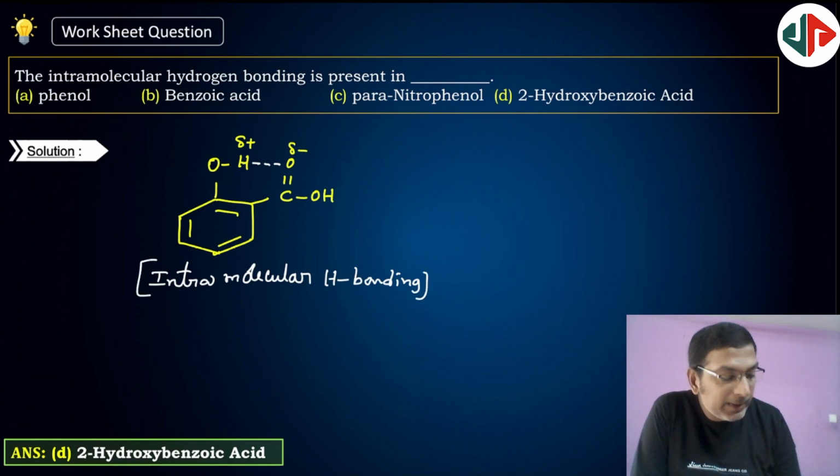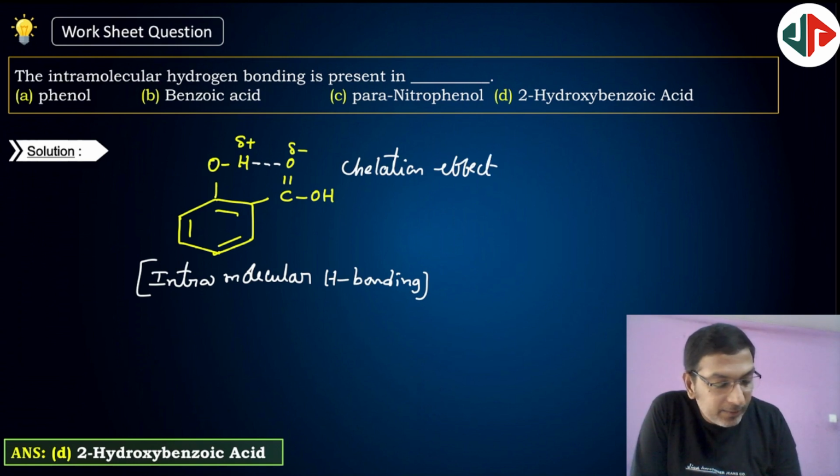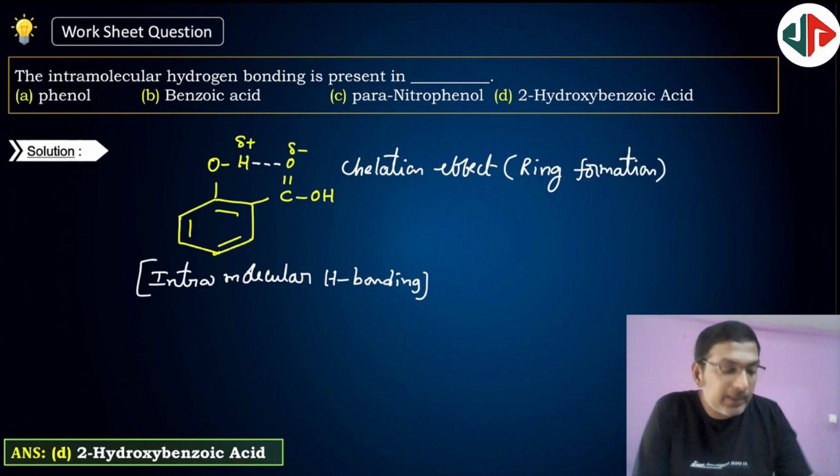Due to intramolecular hydrogen bonding, there will be formation of a ring. This is known as the chelation effect, or ring formation. Chelation effect is observed in the case of intramolecular hydrogen bonding.